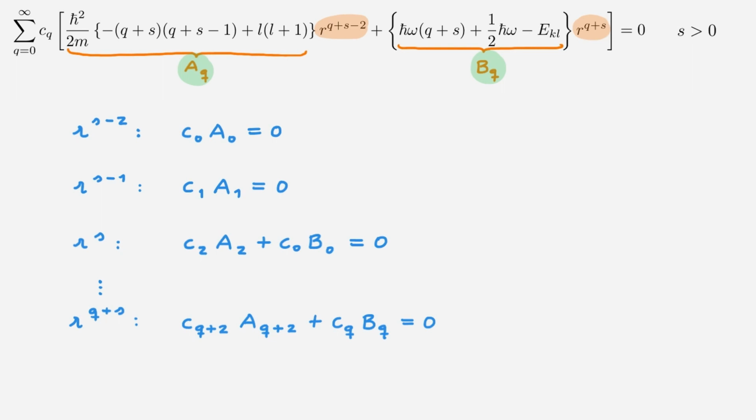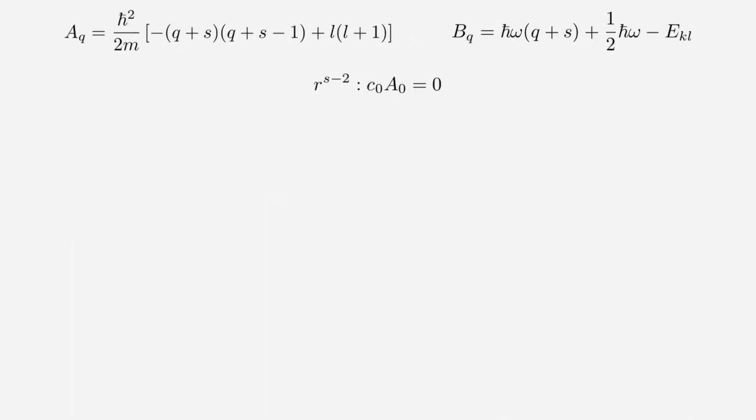Let's start with the first one, corresponding to the power s minus 2. So, this is the first equation that the expansion coefficients must obey. Using this expression up here for A_q, we can write down A_0 explicitly by setting q equal to 0. And we get the prefactor multiplying the first term plus the second term.